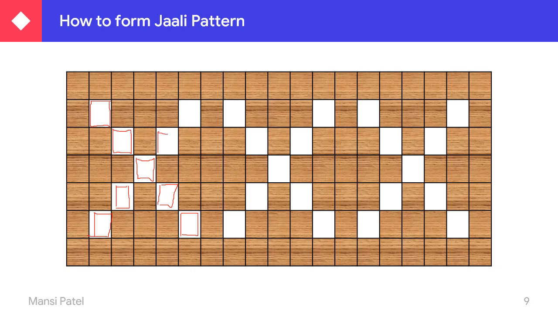So when you draw all the parts of your pattern and color it, it looks different from the background. If your background is white, then you color in your pattern, and it looks like a Jaali pattern. If you want to make an eye shape, then you can also draw the eye shape first and then just color it. So it looks like a Jaali pattern.